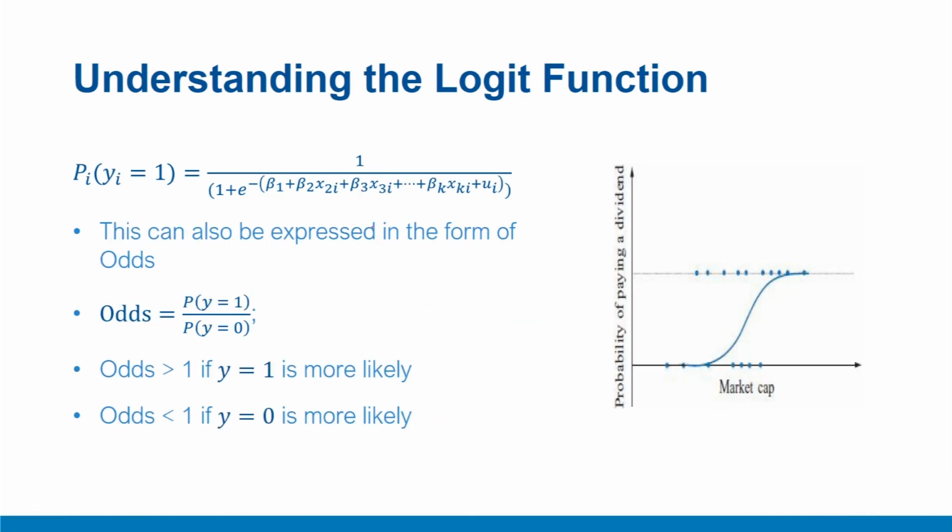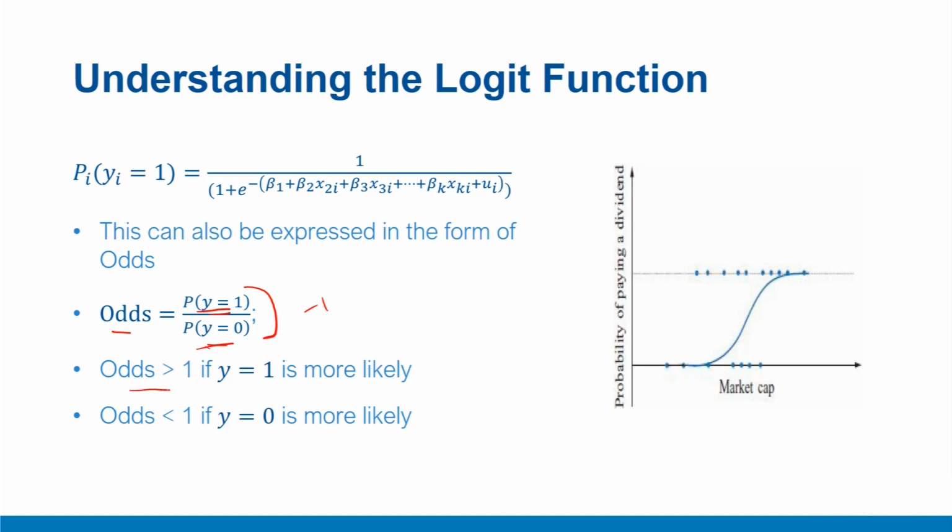Now let us develop this understanding in terms of our very familiar odds ratio. Odds ratio is the ratio of, let's say there are two possible events, in this case default and non-default, or payment of dividend and non-payment of dividend, then the event of interest in the numerator and the opposite event in the denominator gives us the odds ratio, which is probability of y equal to 1 divided by probability of y equal to 0.